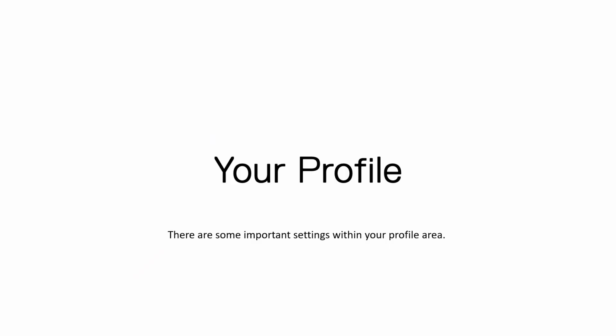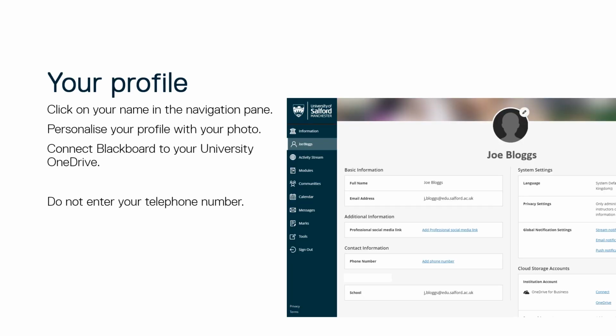There are some important settings within your profile area. To access your profile area, click on your name in the navigation pane. Personalize your profile with your photograph, and others will see your photograph alongside your name within the different areas of Blackboard.